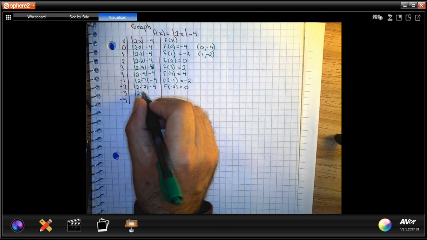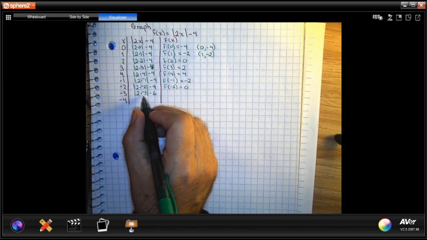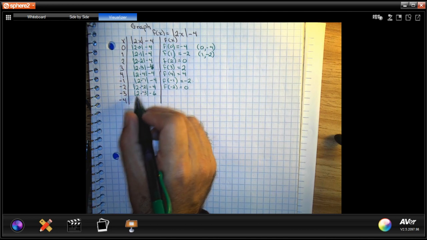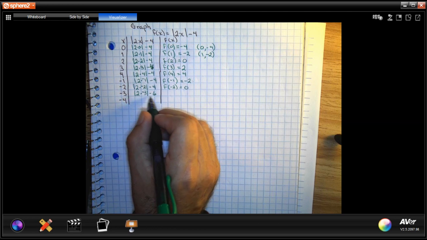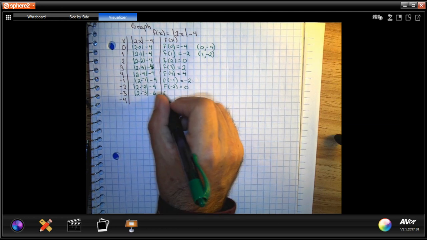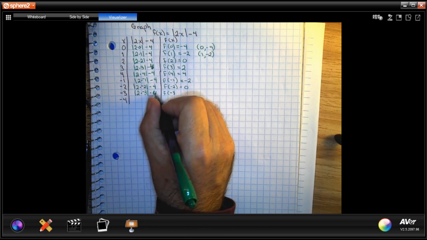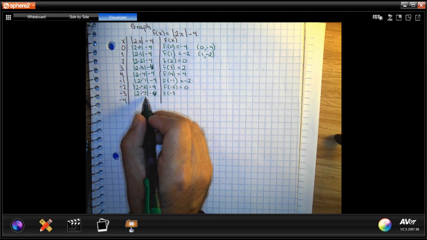2 times negative 3 is negative 6. The absolute value of negative 6 is 6.